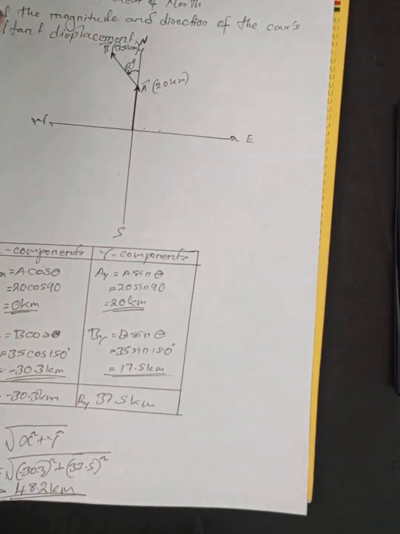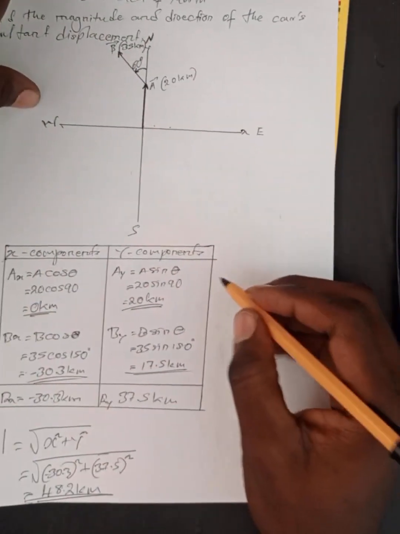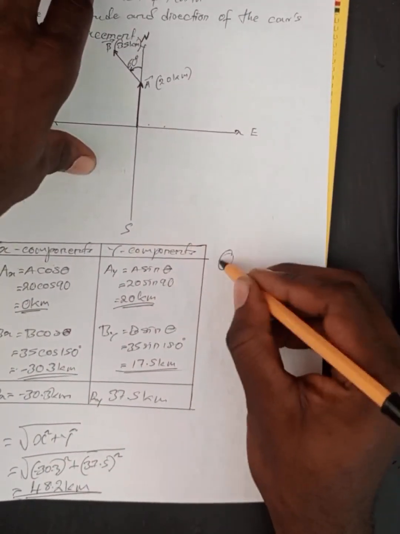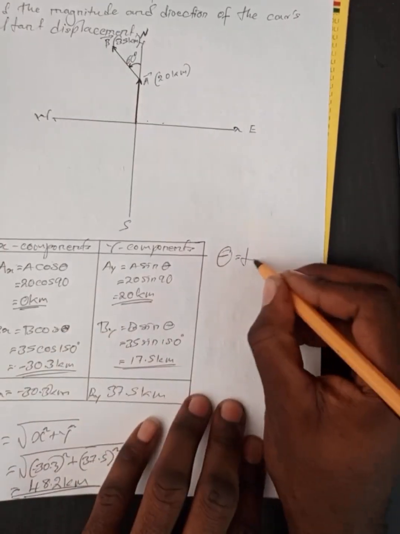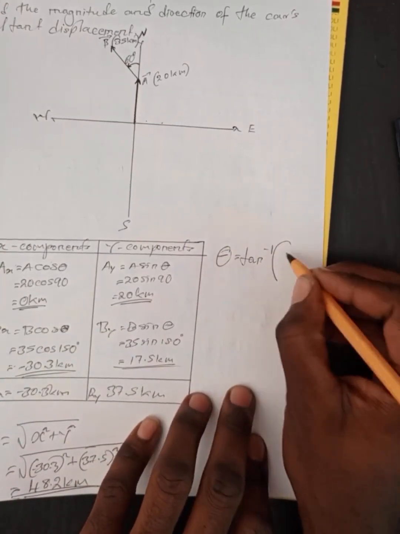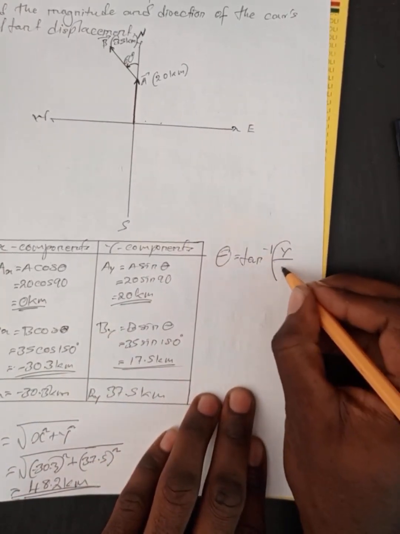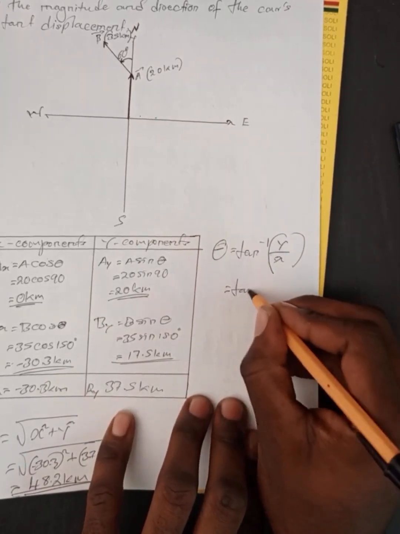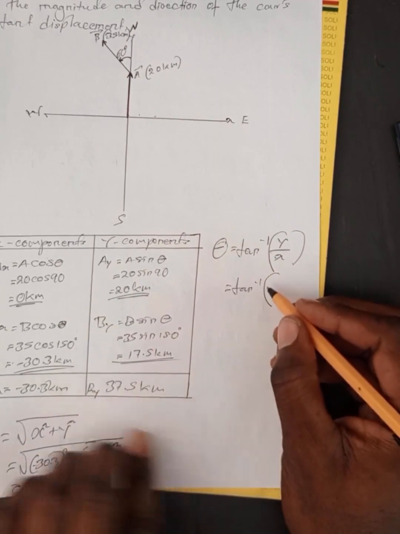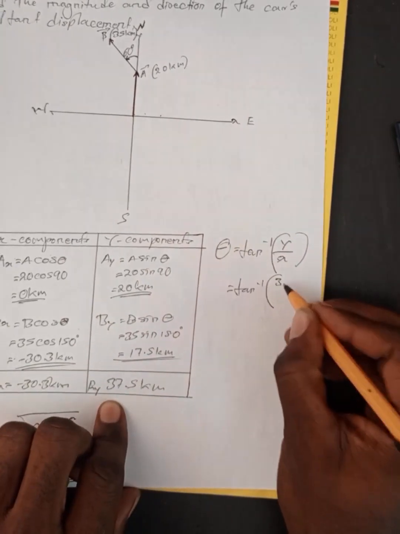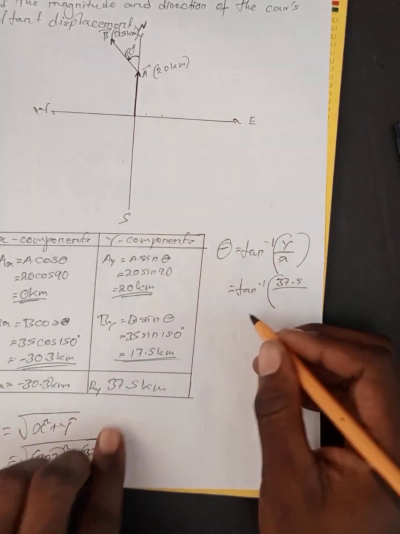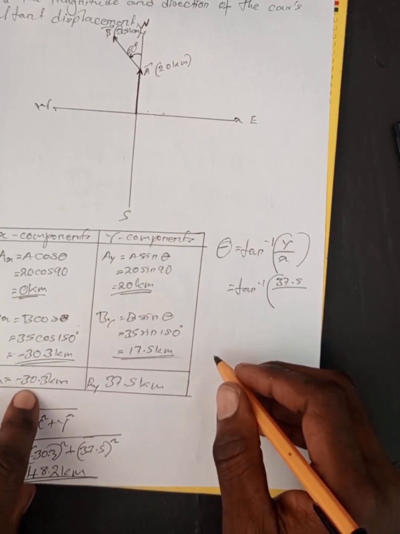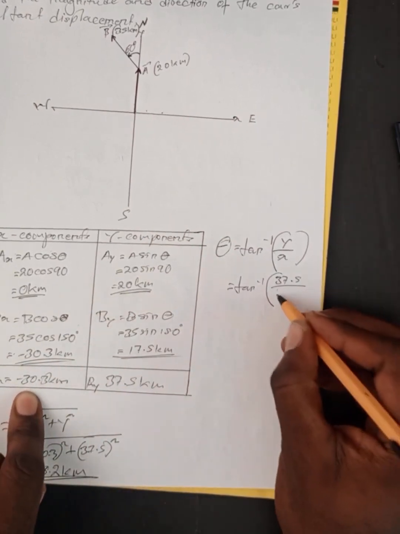From there, we are going to calculate direction. It is given by this formula. Make sure that in physics you know the formulas. If you don't know the formula, you can't do anything. So what is your y? It is 37.5. This number is negative, but you should ignore the negative.